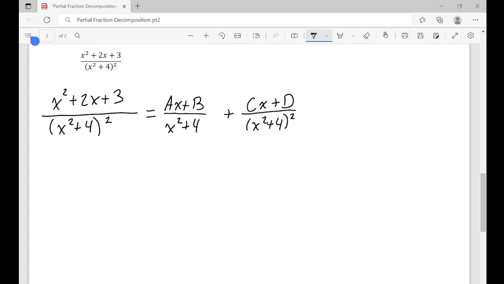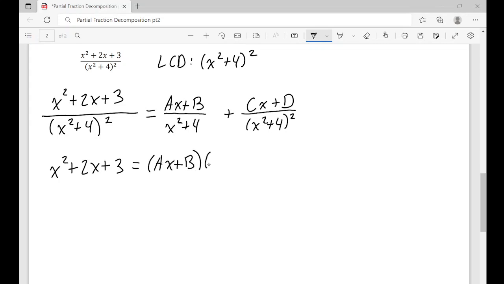And now we're going to multiply everything by the LCD, which is just going to be x squared plus 4 all squared. So I will multiply the entire equation by the LCD. And when I do that, I will get x squared plus 2x plus 3 equals ax plus b times x squared plus 4 plus cx plus d.